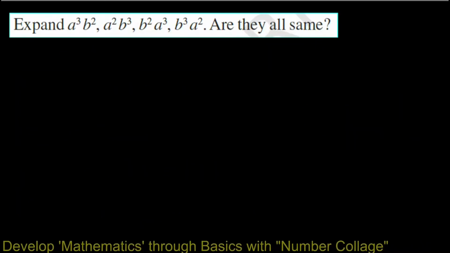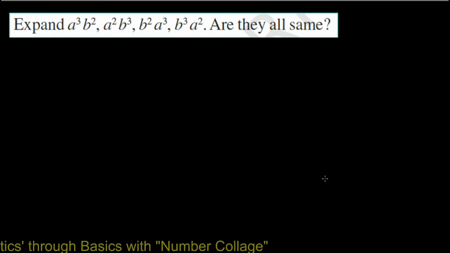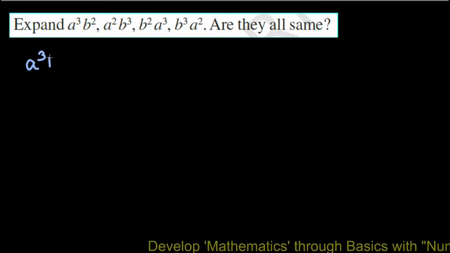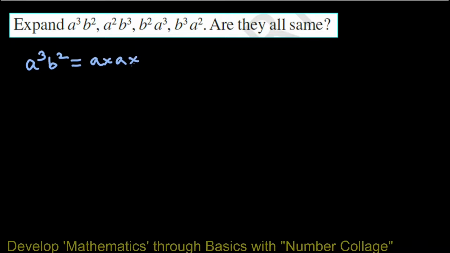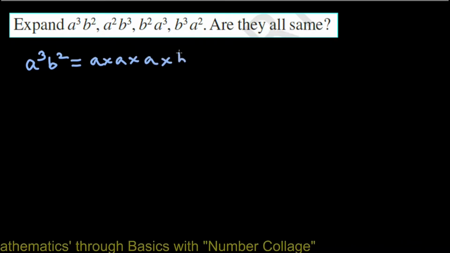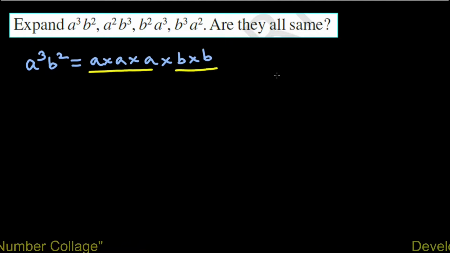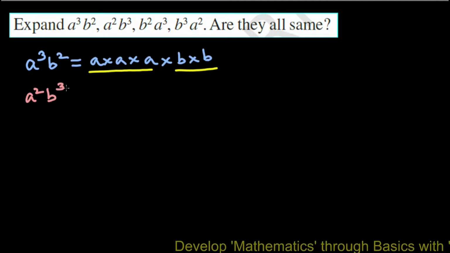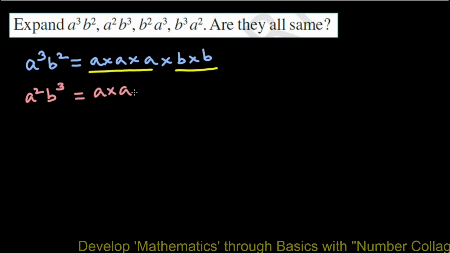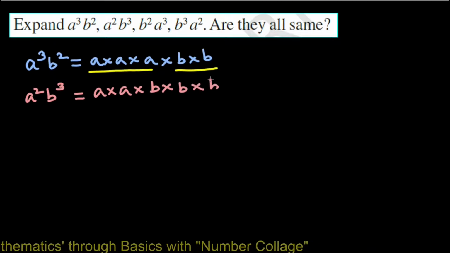Expand a cube b squared, a squared b cube, b squared a cube, b cube a squared. Are they all same? We can expand a cube b squared as a multiplied by a multiplied by a multiplied by b multiplied by b. A is coming 3 times, b 2 times. We can expand a squared b cube as a multiplied by a multiplied by b multiplied by b multiplied by b.